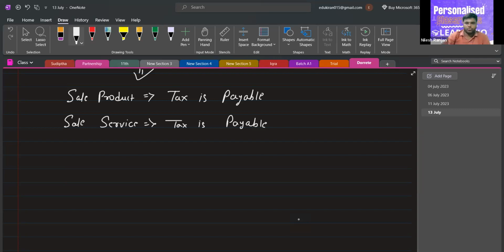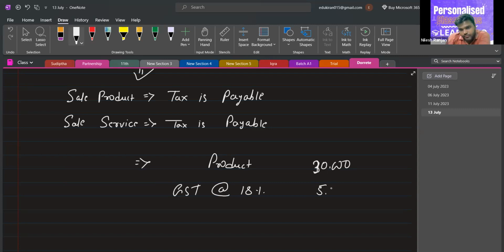If you have seen the invoice, the receipt of any product you have purchased, the product amount is, let's say, 30,000. The mobile phone price is 30,000, and there is some GST added at the rate of 18%.